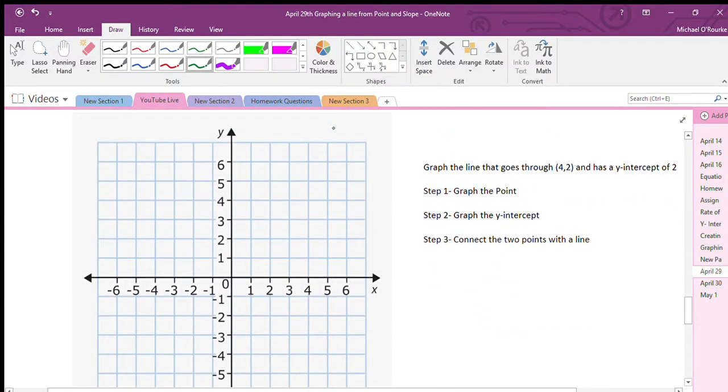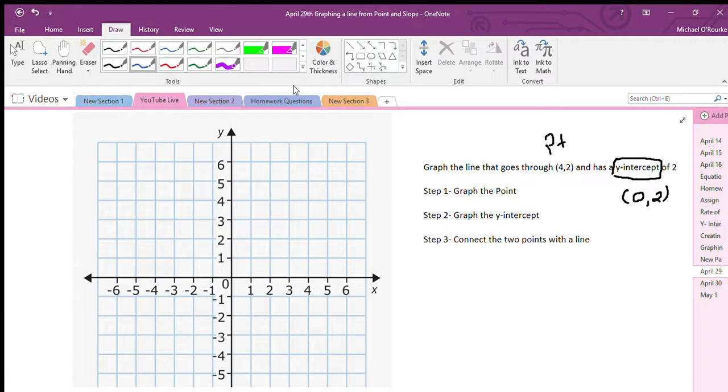Now this one here I've changed up a little bit. If you look, I gave you a point right here, but I gave you a y-intercept. Now the y-intercept is just another point. In this case, the y-intercept, if we were to make it a number, would be 0, 2.